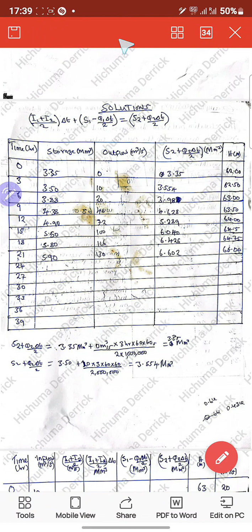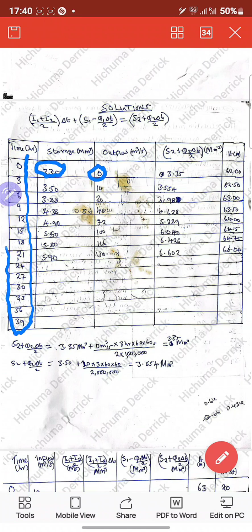Now to find this one, you have your storage. For example, at t equals 0, you start creating the indicative storage. At t equals 0, your S2 is this number, 3.55, and then your Q2 is this one, which is 0. Then the change in time is gotten from these values here.